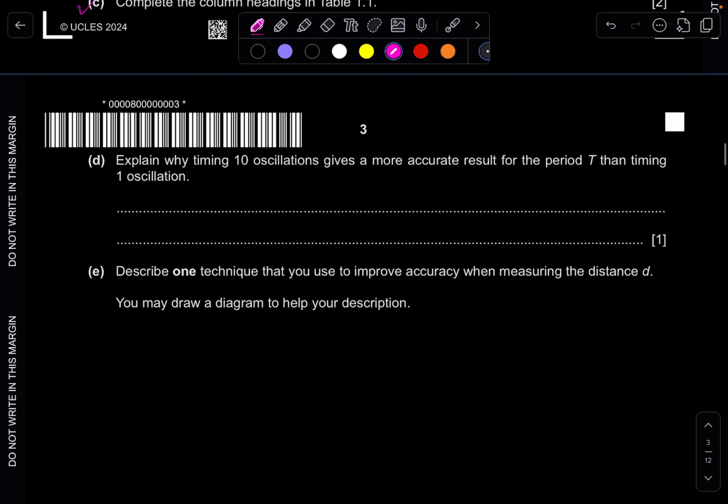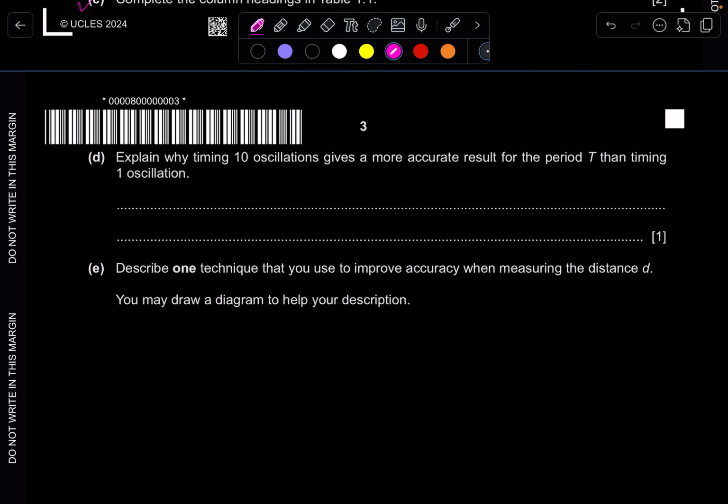In part D, explain why timing 10 oscillations gives a more accurate result for the period T than timing one oscillation. Okay, in a timing experiment, the most important error that we have to minimize is the human reaction time, right? So we take more oscillations or a longer event. Why? To reduce the human reaction time error, right?